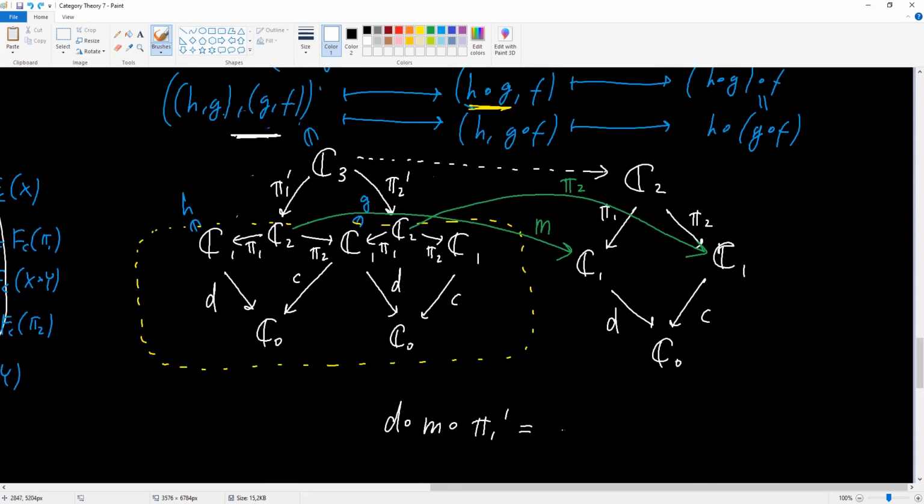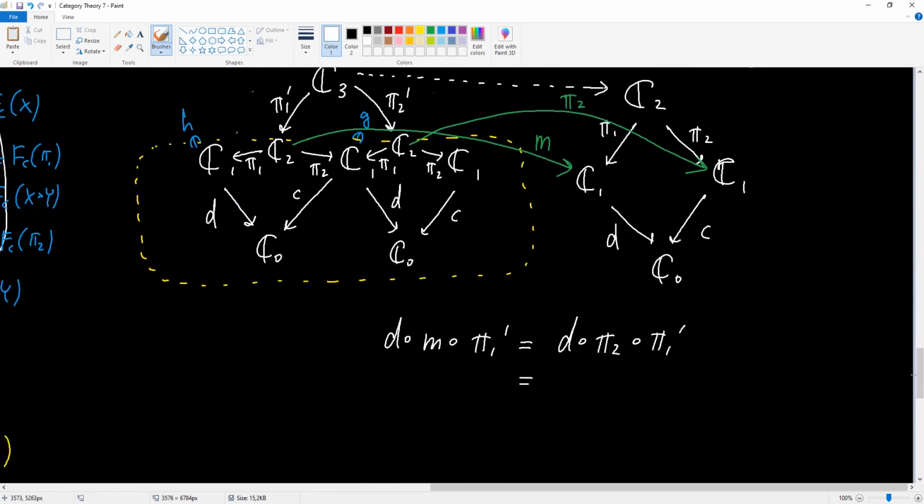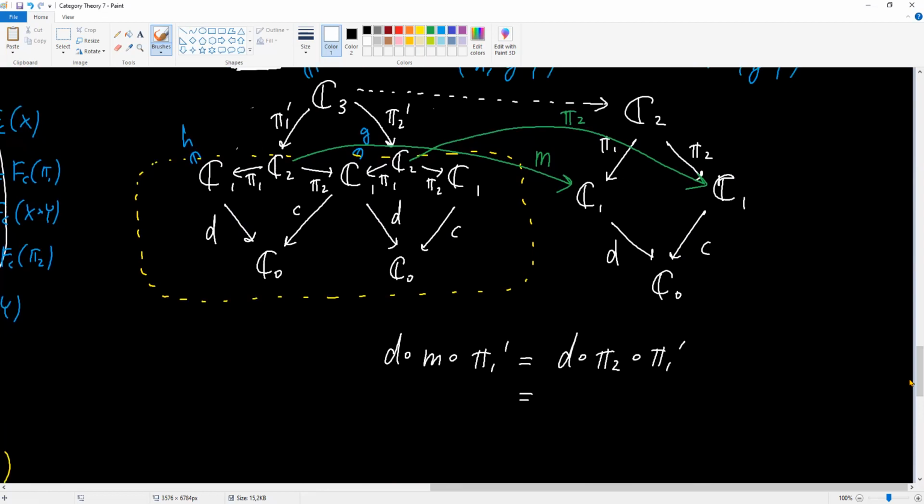So I could write this as D composed with pi2 composed with pi1 prime. Now, pi2 composed with pi1 prime, it's this composite, right? And by the pullback property is the same as that one. So this is D composed with pi1 composed with pi2 prime.